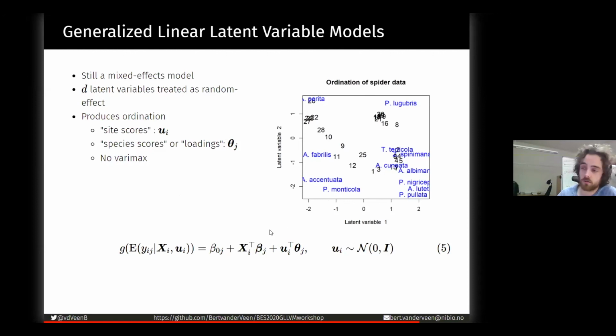And the resulting model is equation 5, where now we have this linear predictor, this conditional mean, conditional on the covariates and site scores, our intercept, our fixed effects, and our ordination with the latent variables or site scores u and species scores theta.